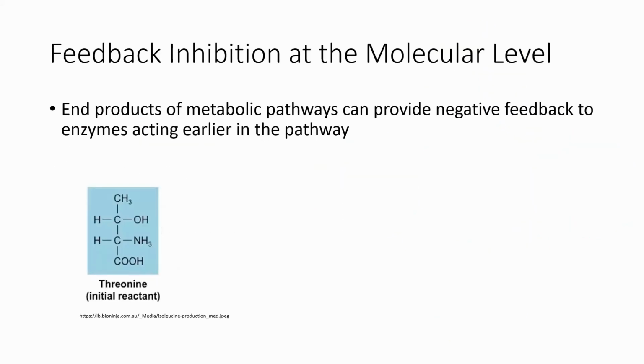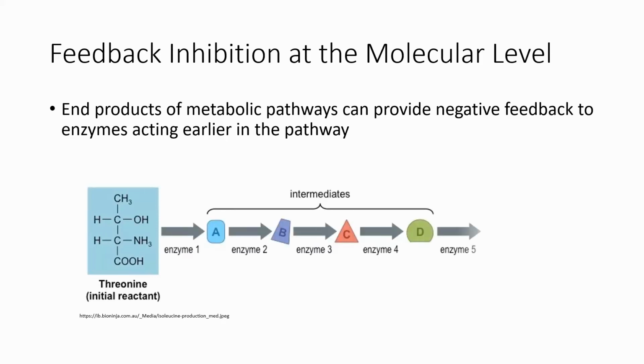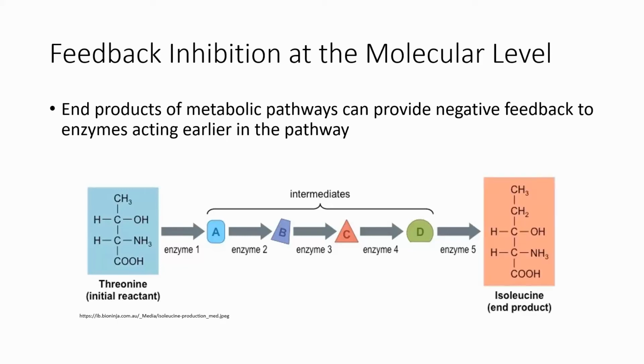We've actually already seen one of these examples when we were looking at metabolic pathways. What we have here is threonine. It is the initial molecule in a metabolic pathway by which a number of enzymes, here 5 different enzymes, are basically transforming threonine into different forms until finally you get the product isoleucine.